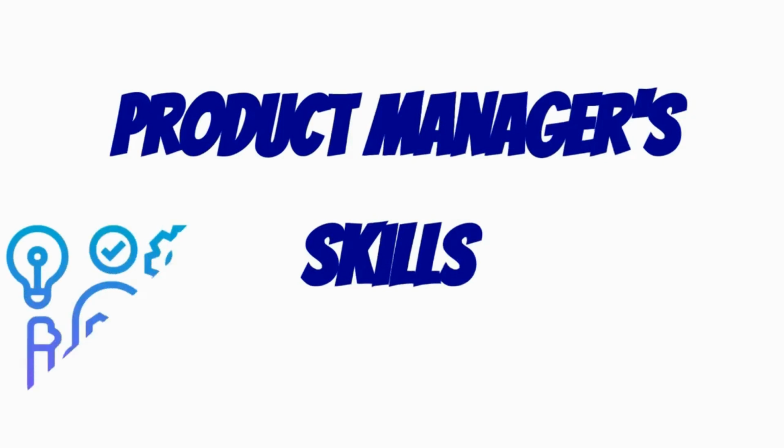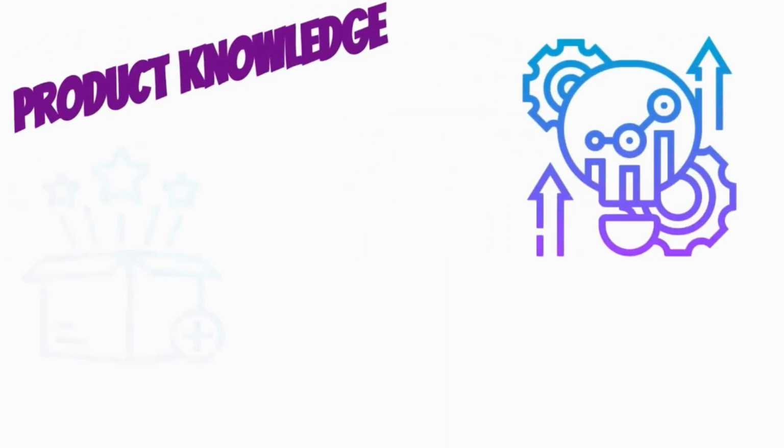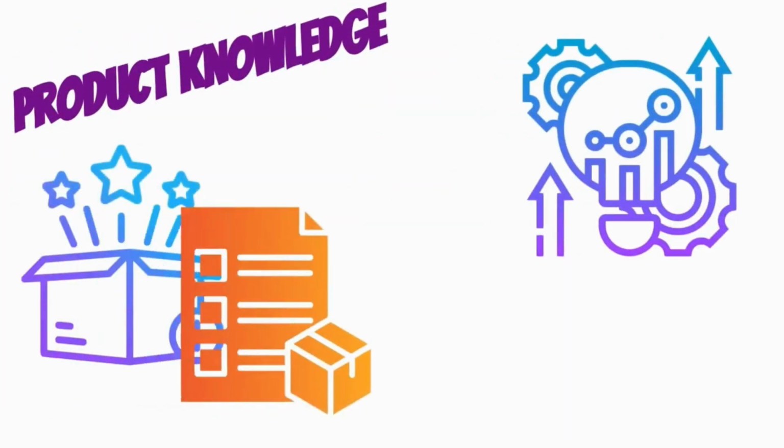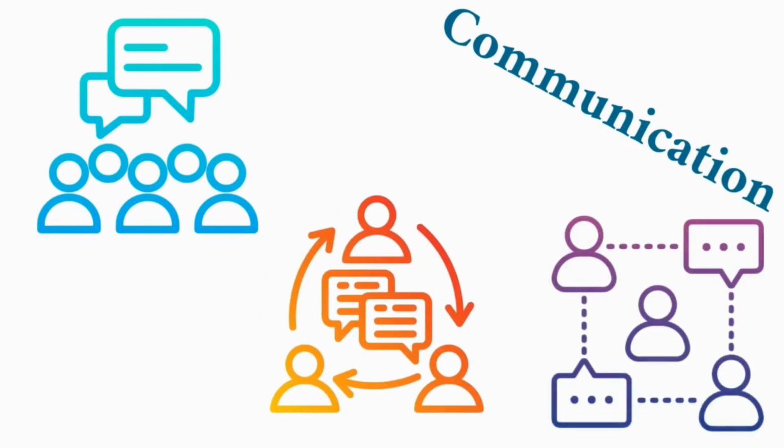Product manager skills. Let's review skills that a product manager must have. Product knowledge. Knowledge of market trends, customer needs, and the product domain. Communication. Ability to communicate effectively with cross-functional teams, stakeholders, and customers, as well as convey product vision and roadmap information. Leadership.